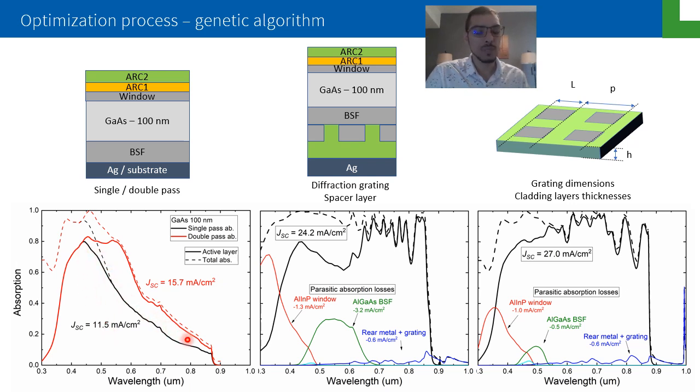Here in solid line, we represent the absorption in the active layer, and for double pass, it goes up to almost 16 milliamps per square centimeter.